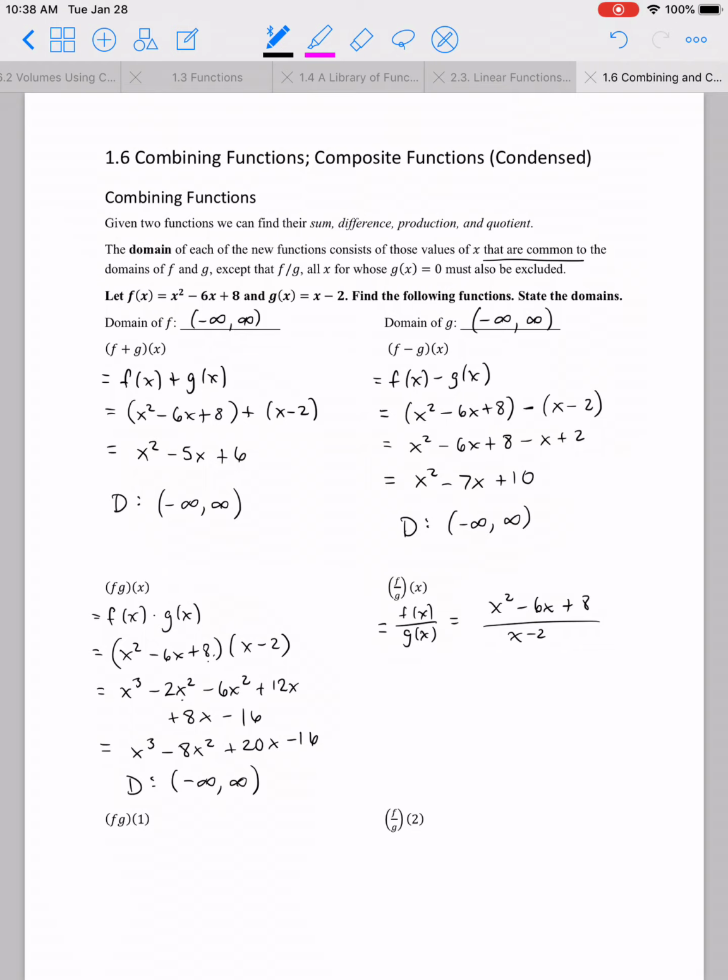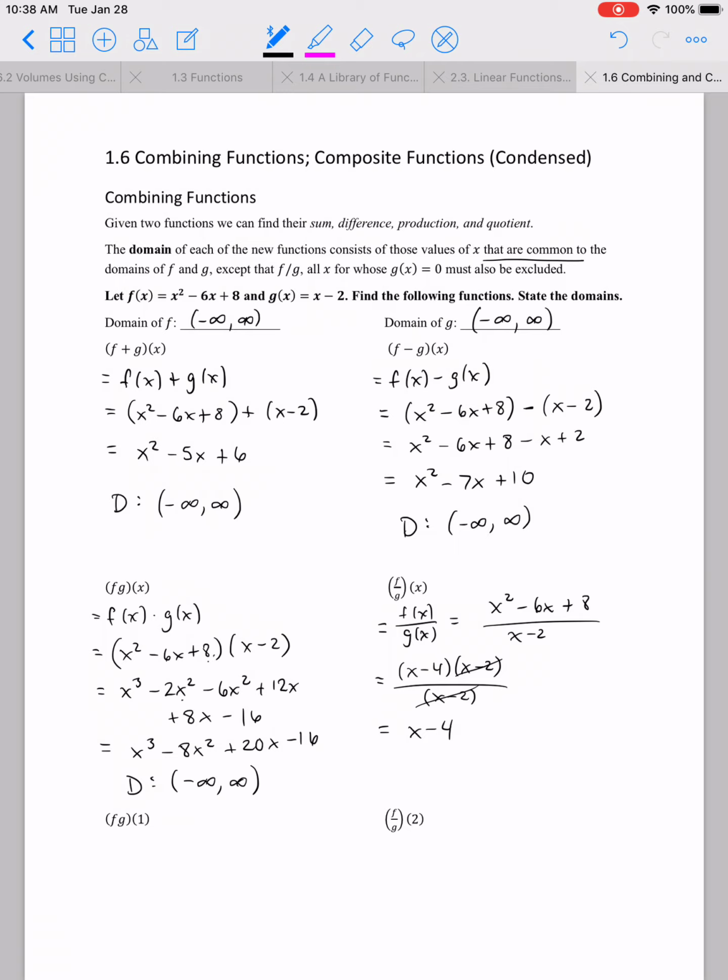Now, to do this, you can factor the numerator, and it factors to x minus 4 times x minus 2 over x minus 2. And when you do that, you can cancel out the x minus 2's, right? You can cancel them out and get x minus 4 left.